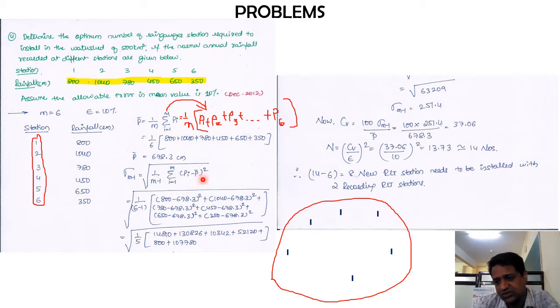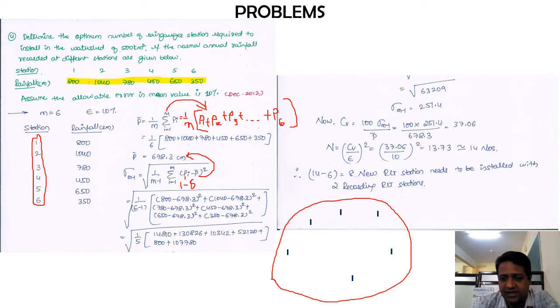We need to imagine Pi varying from P1 to P6 as per the data given, and P bar will be taken from the previous step where we calculated the P bar value.